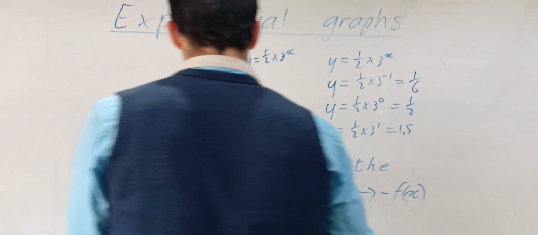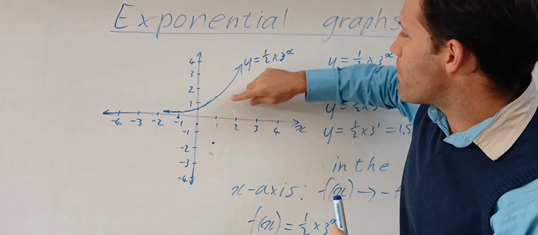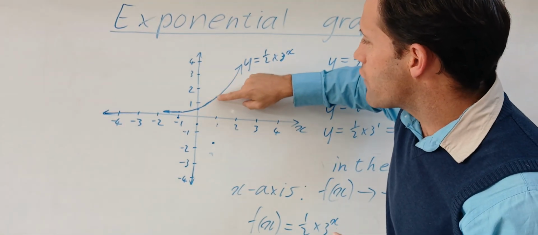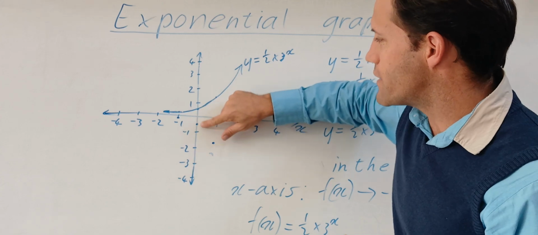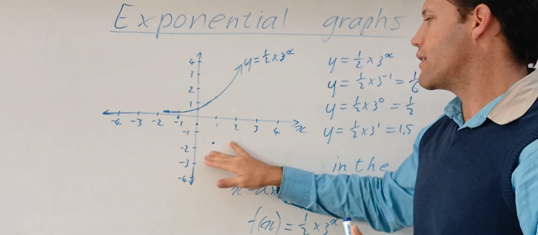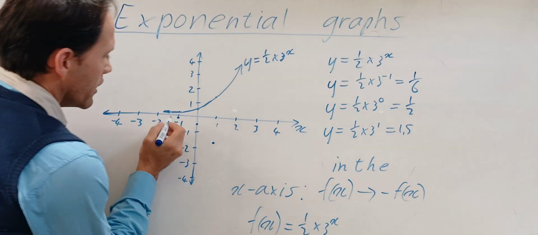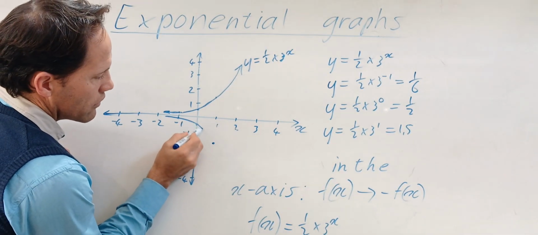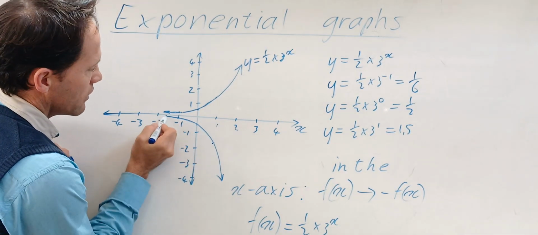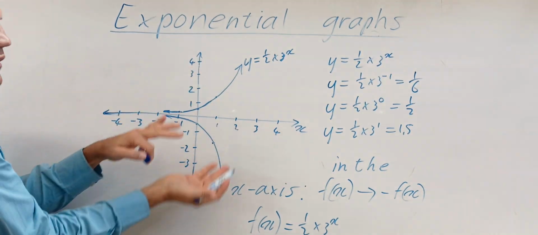All of them are reflected. You see what happens? The y value there, positive 1.5, becomes negative 1.5. The half becomes negative half because I'm reflecting in the x-axis. My new graph will look something like that, reflected from there to there.